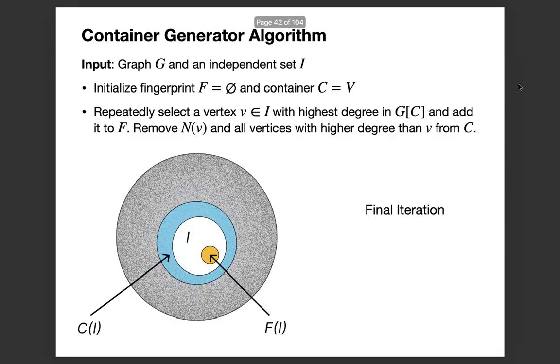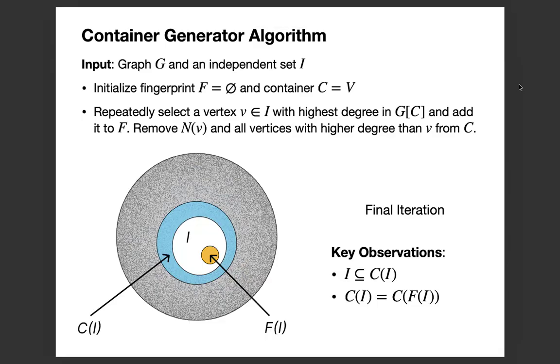Eventually, by the end, we're going to call this the fingerprint of the independent set and the container of the independent set. There are a couple of important things to observe. First, the independent set is always a subset of the container. Why is this? Every time you're removing vertices, you're only ever removing neighbors or these higher degree vertices, so you're never going to remove anything in the independent set.